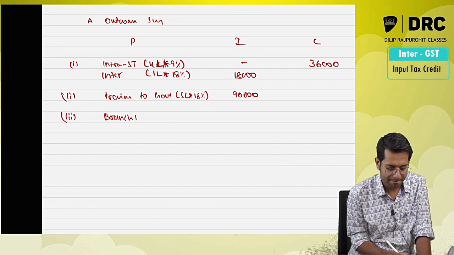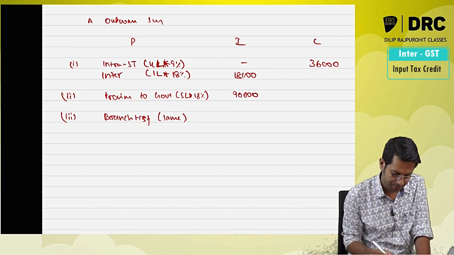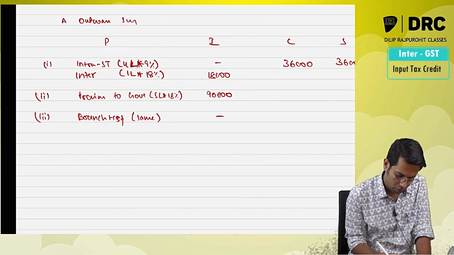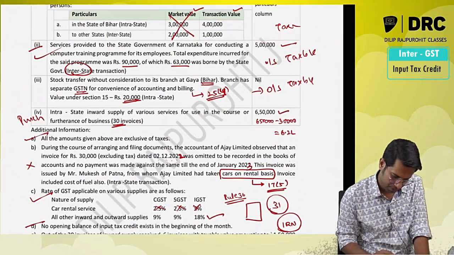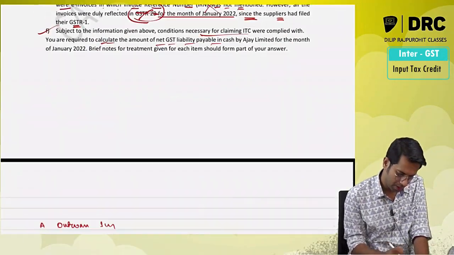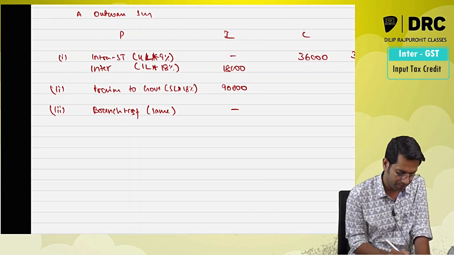Branch transfer, same state. So CGST, SGST will come, how much, sir? 20,000 rupees.